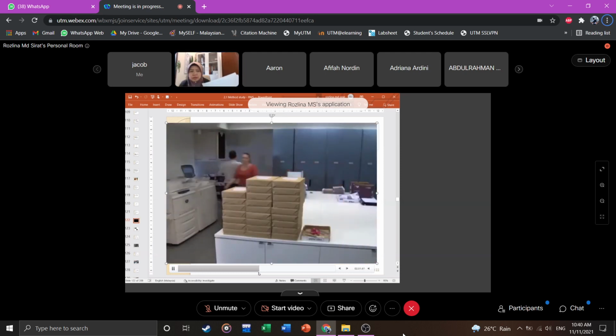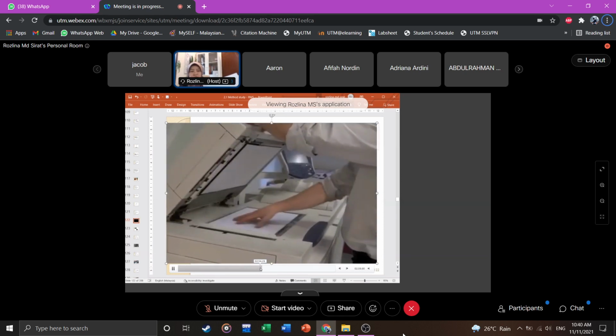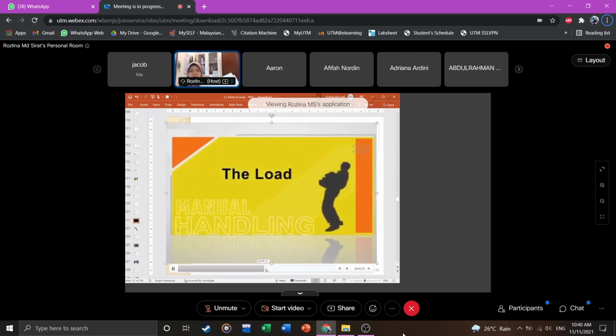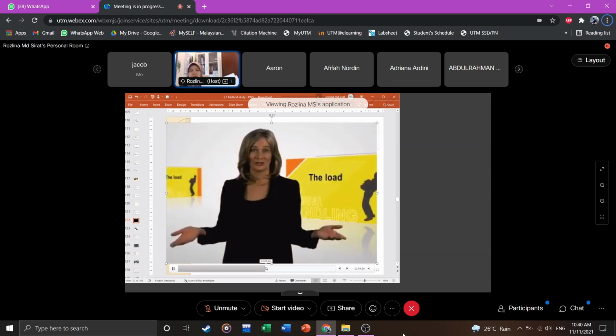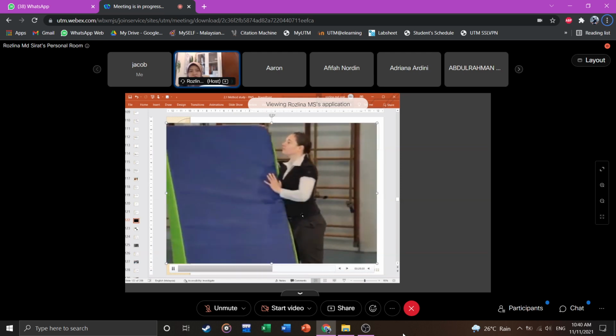Excessive in terms of many things, that is excessive. Frequent move, the weight, heavy. Because of the dimension, maybe it is big.